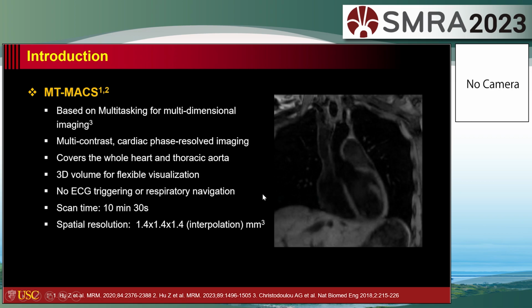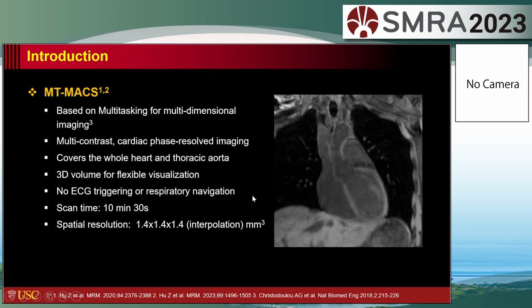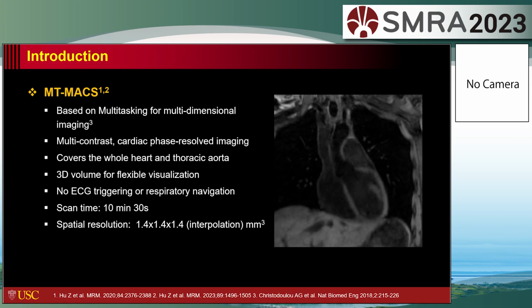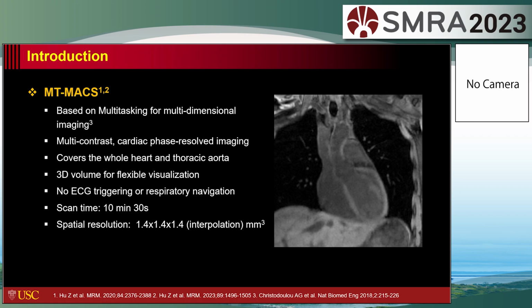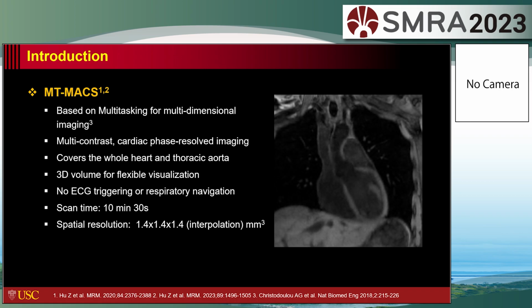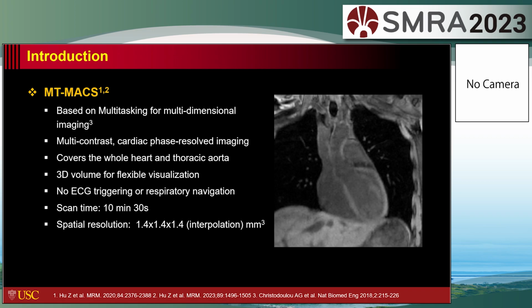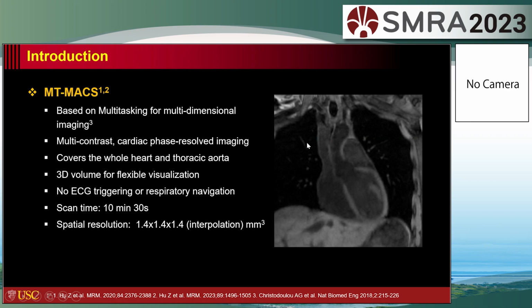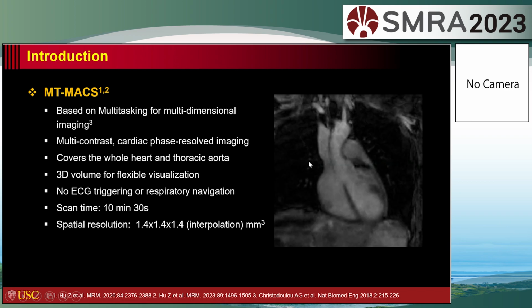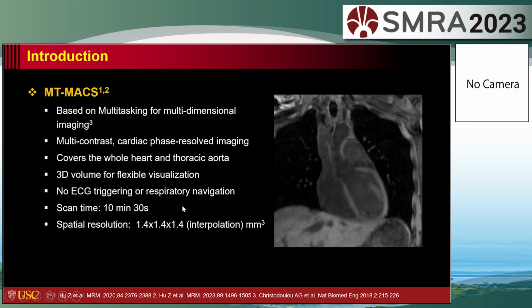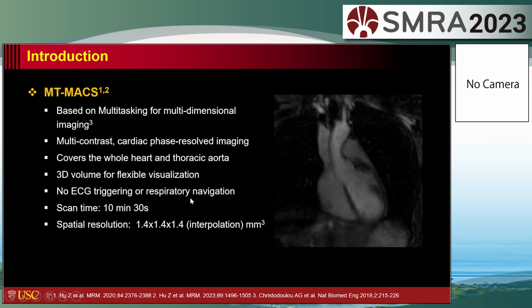So the finalized version really allows for cardio-aortic imaging without ECG triggering or navigator gating. And we acquire a large spatial volume to cover the whole cardio-aortic system with a high spatial resolution, 1.4 millimeter isotropic resolution. And the total scan time is 10.5 minutes.